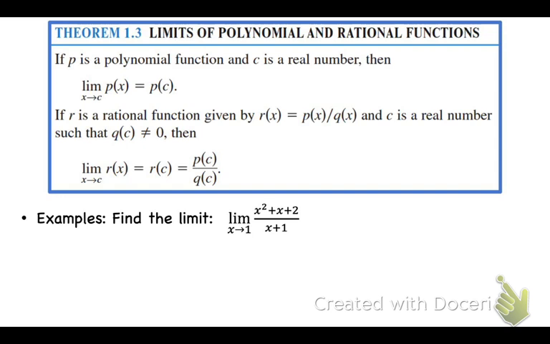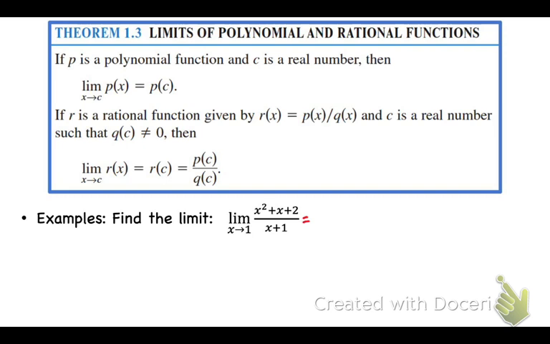So find the limit of x squared plus x over 2 divided by x plus 1 as x approaches 1. I am going to be a little picky here. Your work does not ever go next to it because your work is not the answer here.